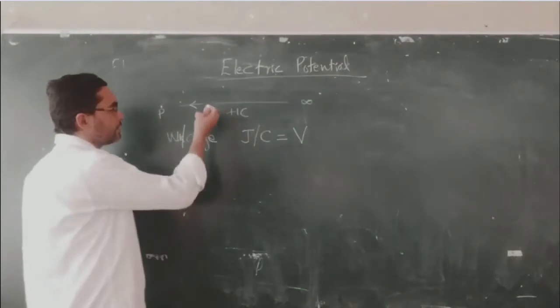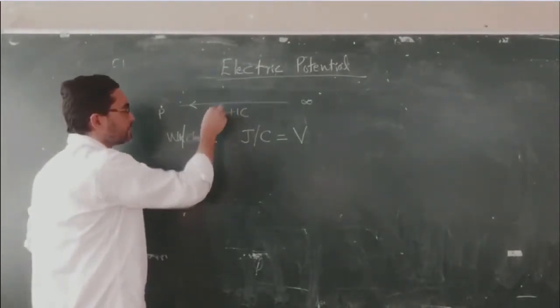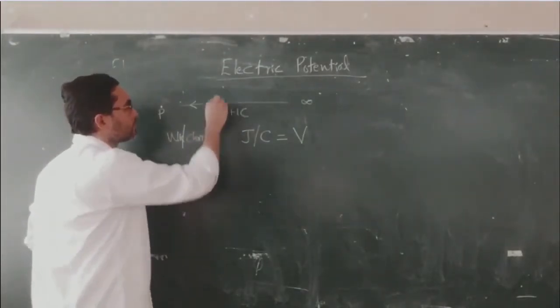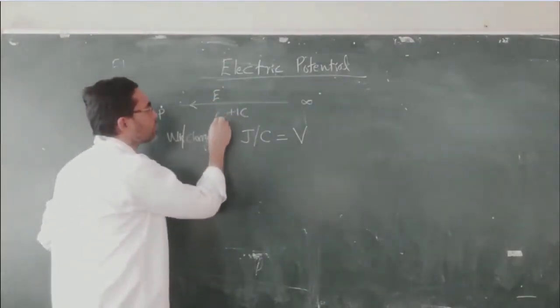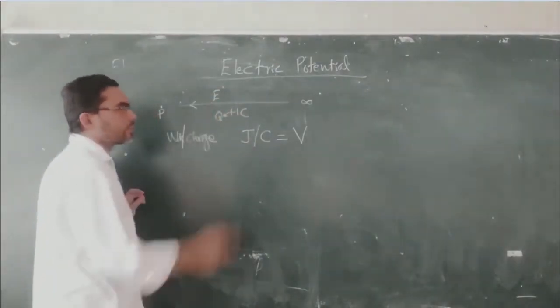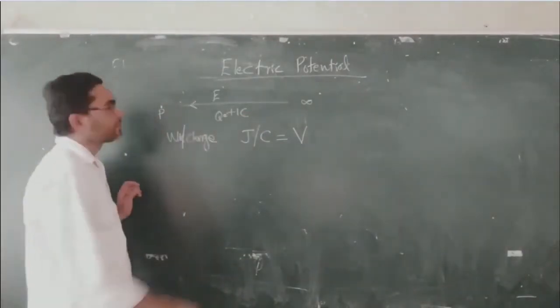Say the electric field at this point is E. And you are bringing the charge Q equal to plus 1 coulomb from infinity to this point.